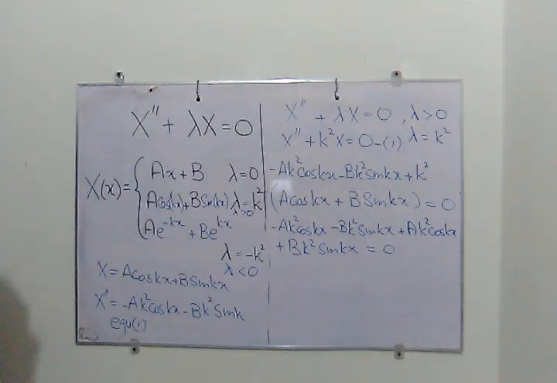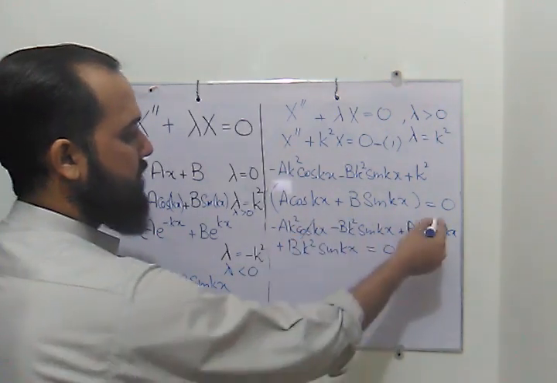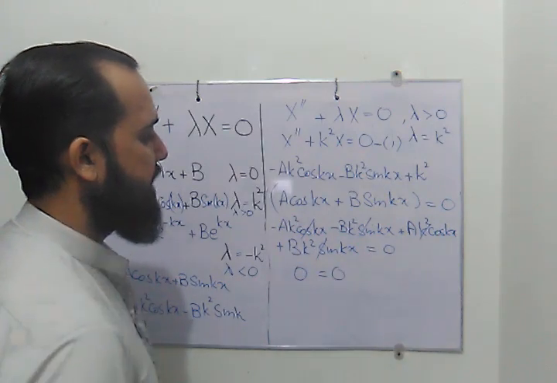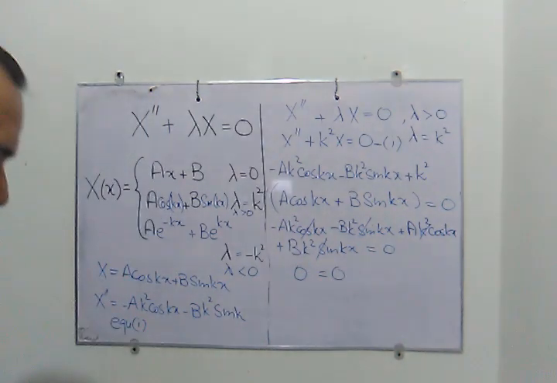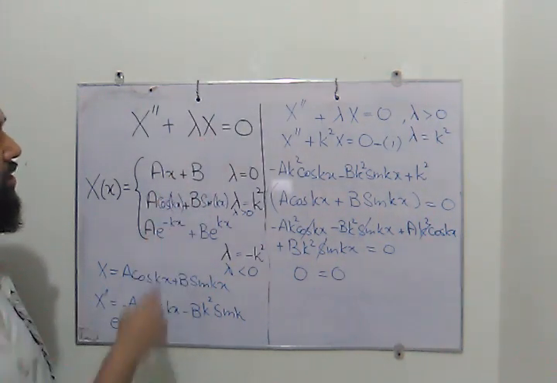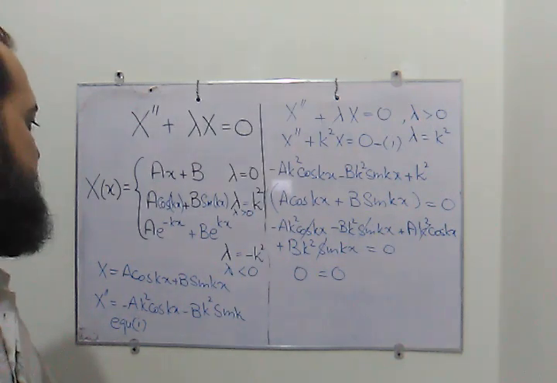Again we see that the same terms with opposite signs cancel out each other, and the left hand side is equal to the right hand side. This proves that indeed this is the solution for this differential equation when lambda has the positive value, which is k square.